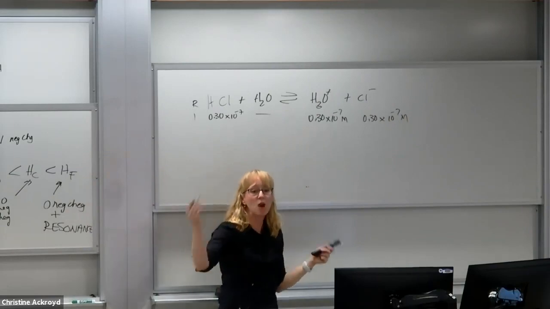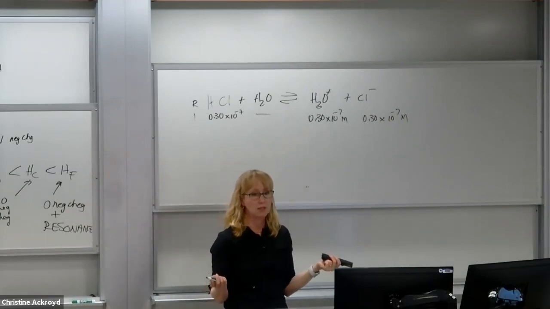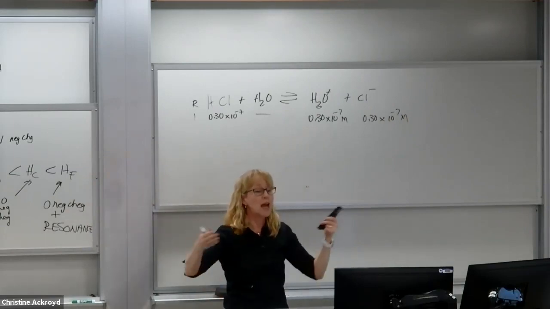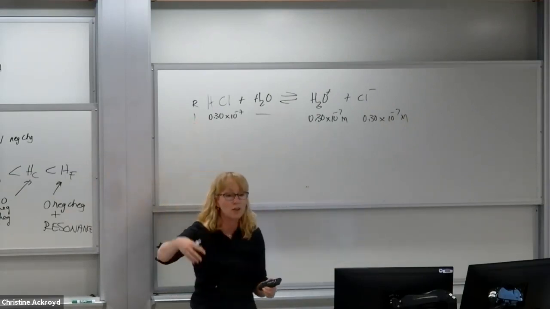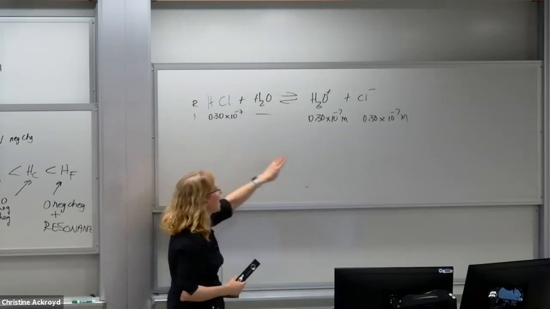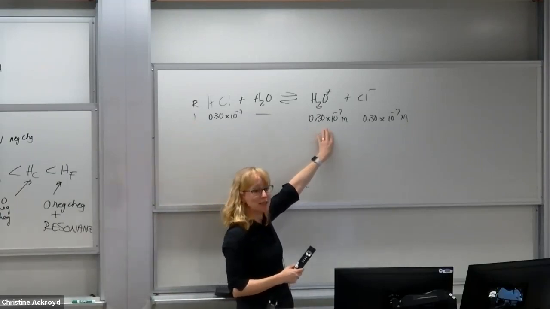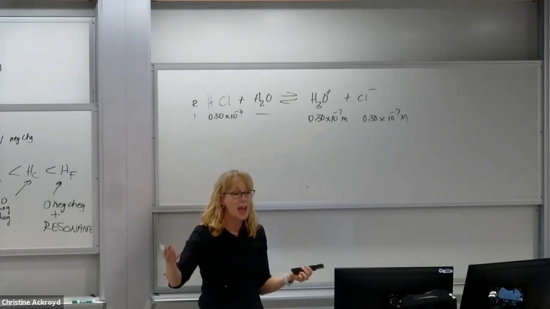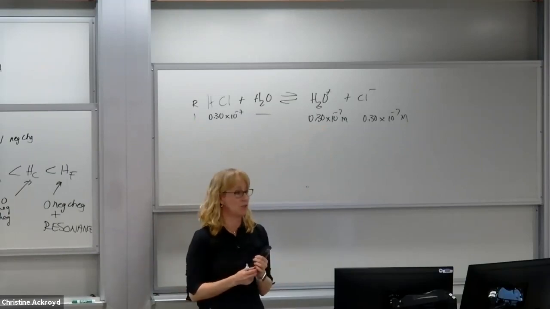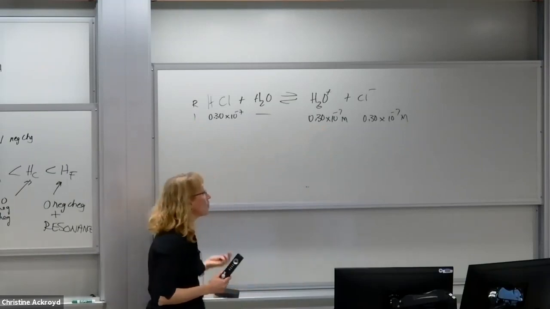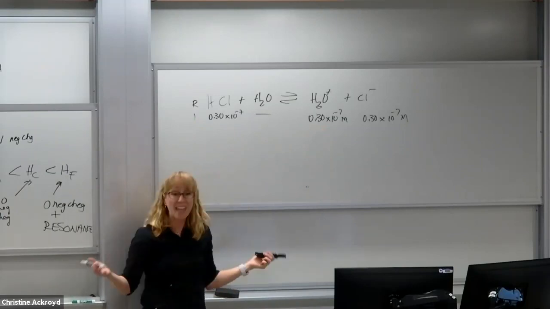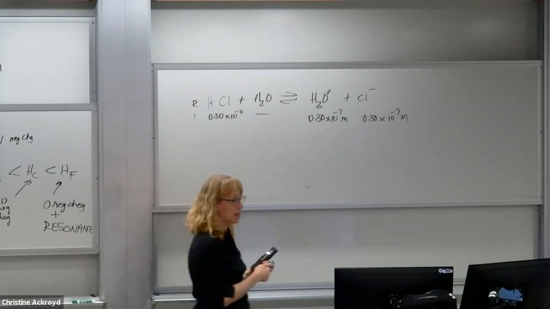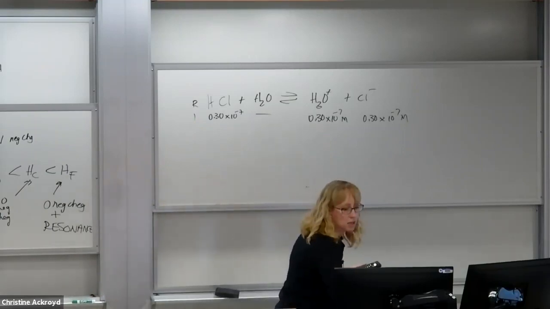Okay, how much is the water contributing? So we have two acid-base equilibria going on, right? One is the HCl reacting with water. One is water reacting with itself. The HCl adds 0.3 times 10 to the minus 7th molar. Water adds 1 times 10 to the minus 7 molar. Okay, can we ignore what water is doing here? No, now we can't.